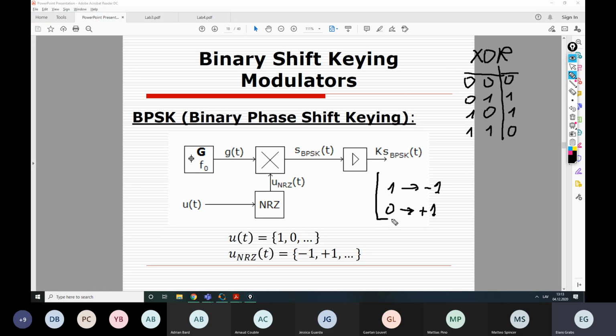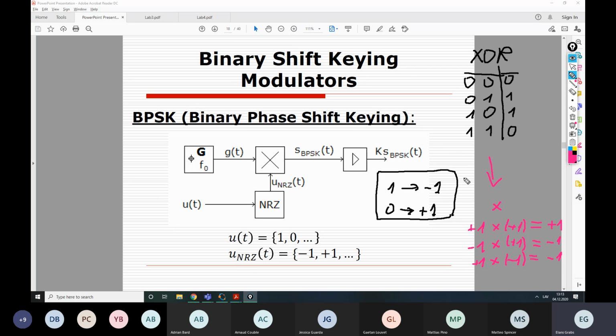If we assign according to this, then XOR can be replaced by simple multiplication. So let's see. We have assigned +1 to 0. So if we have +1 multiplied by +1, we would indeed get +1. Now, if any of the symbols to be multiplied is -1, only one of them, either this one or this one, then the result is also -1.